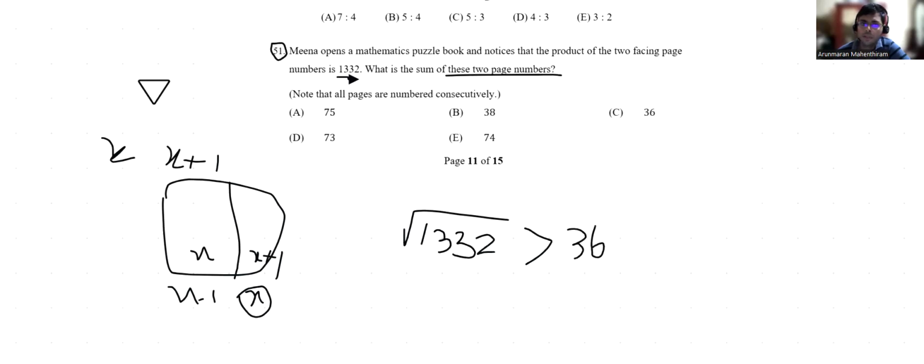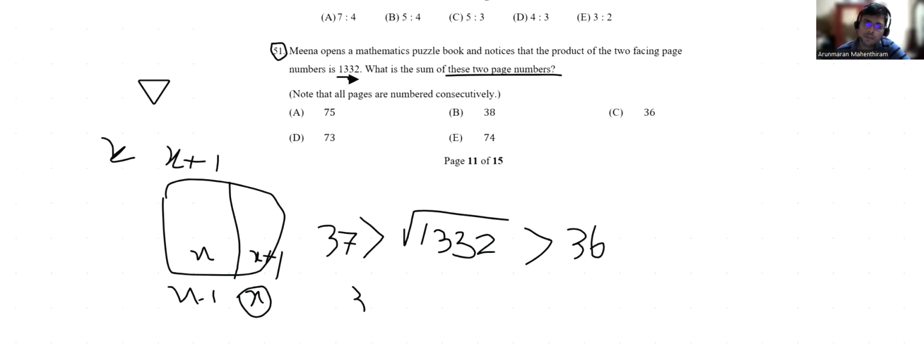However, it's smaller than 37. So the square root of 1332 lies between 36 and 37. So those numbers are 36 and 37.